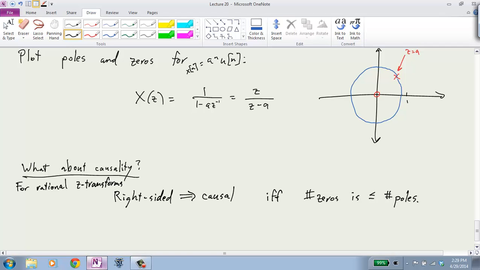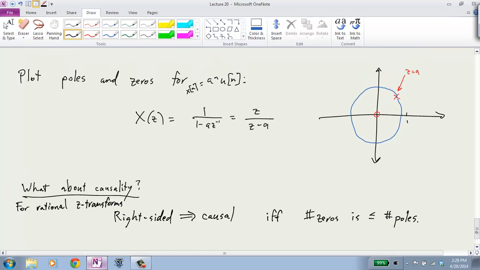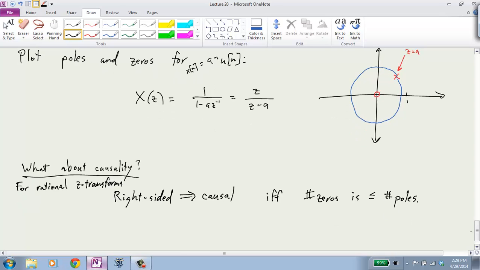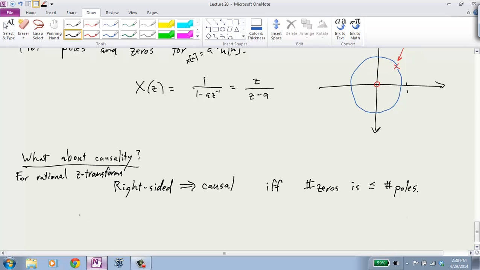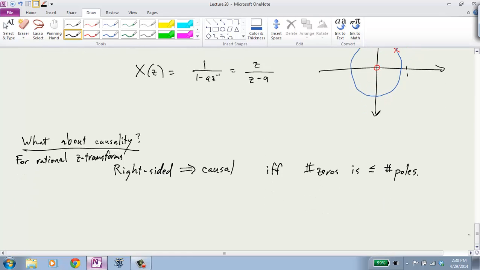Now this maybe seems kind of bizarre because in the Laplace transform, for a rational Laplace transform, right-sided and causal were always the same. You always have that right-sided implies causal. So, can someone think of an example?